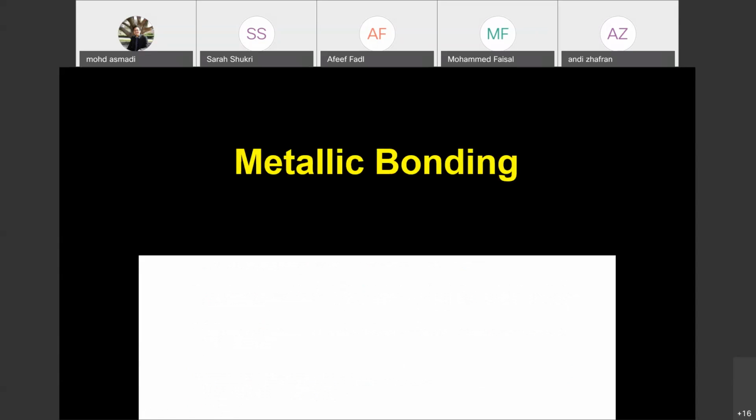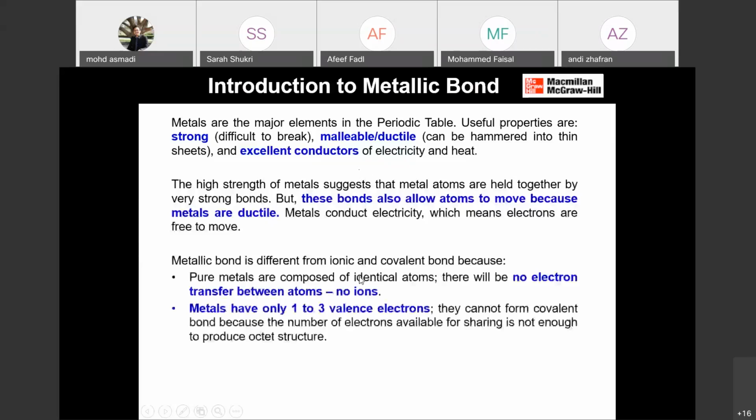Before we move to the metallic bond, if there are no questions about the covalent bonds or the geometry, we move on. Metallic bonds are usually strong and difficult to break. Metals are malleable and ductile, like stainless steel.